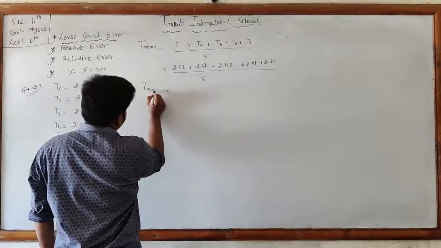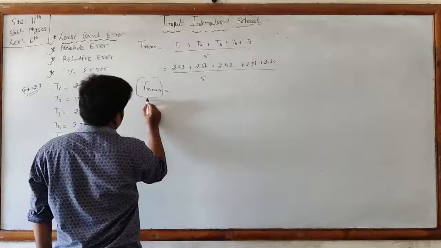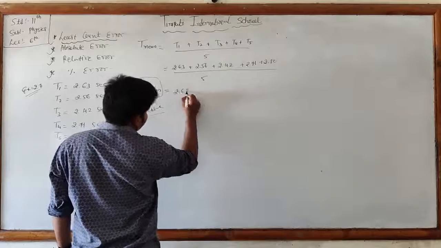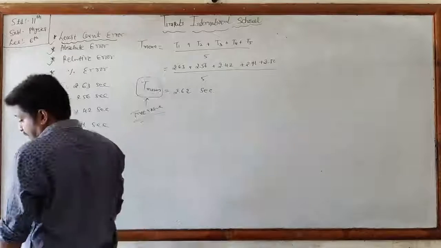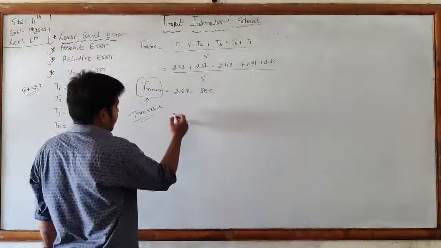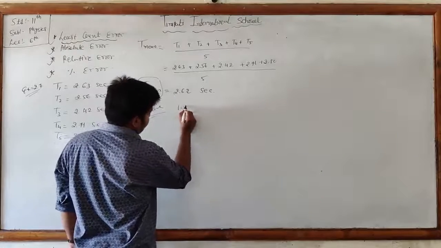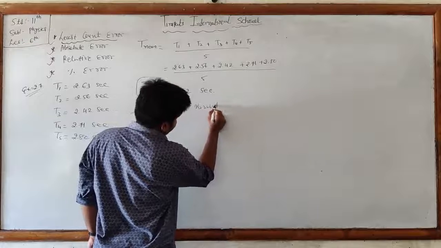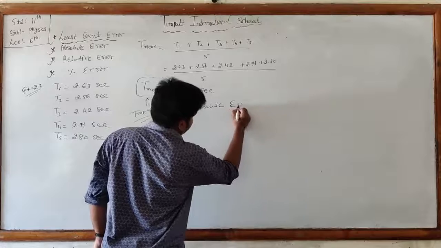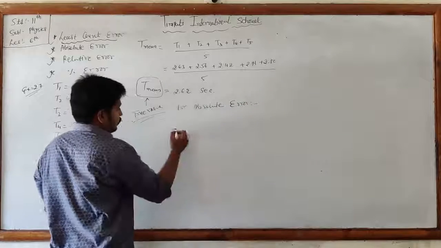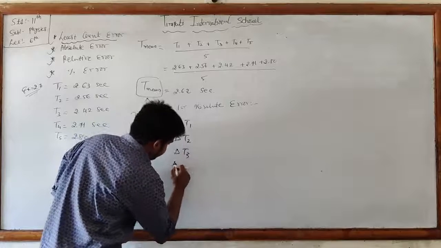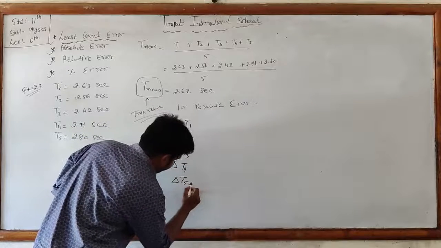Here you get T mean, which is known as the true value, that is 2.62 seconds. Now we have to find the absolute error: delta T1, delta T2, delta T3, delta T4, delta T5.